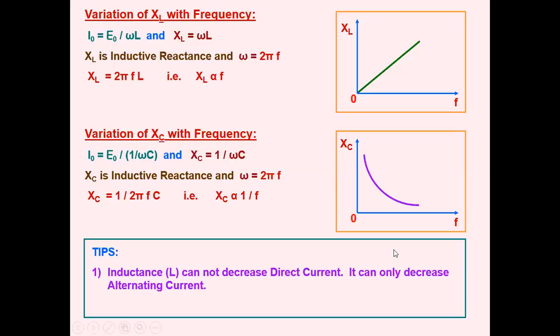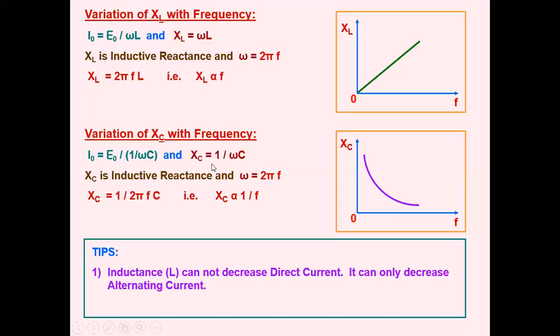Now what will happen if a capacitive circuit is connected with DC supply in place of AC? Then DC supply will be stopped, because DC supply has 0 frequency and capacitive reactance is inversely proportional to frequency. So 1 upon 0 equal to infinity.